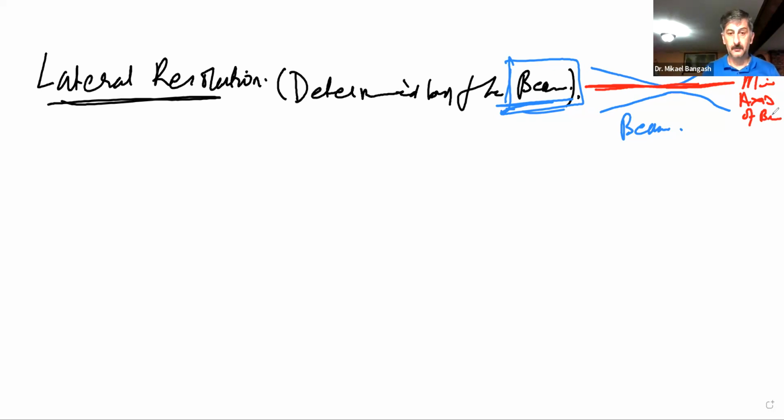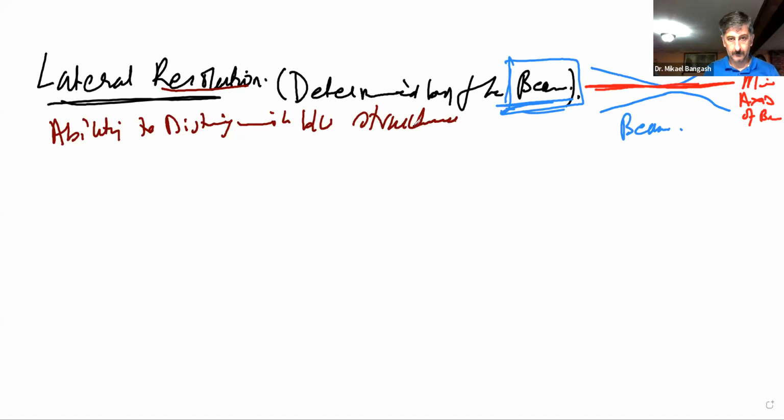Again, resolution is conveyed as the ability to distinguish between structures. Now the word lateral is a good term, because what does the word lateral mean? On the side, right? This means the ability to distinguish between structures that are side by side.